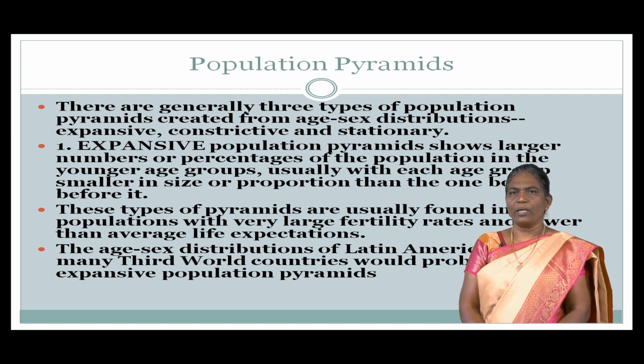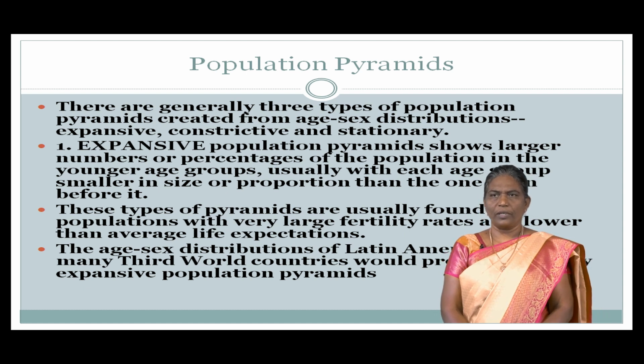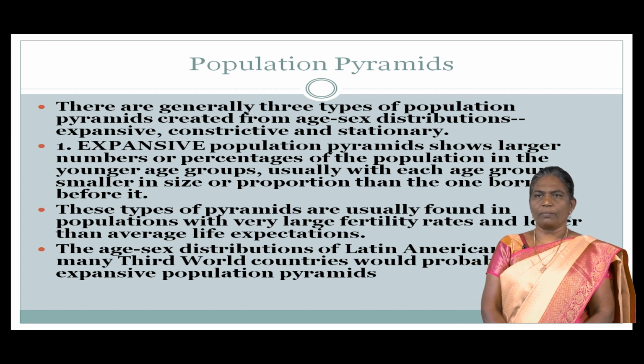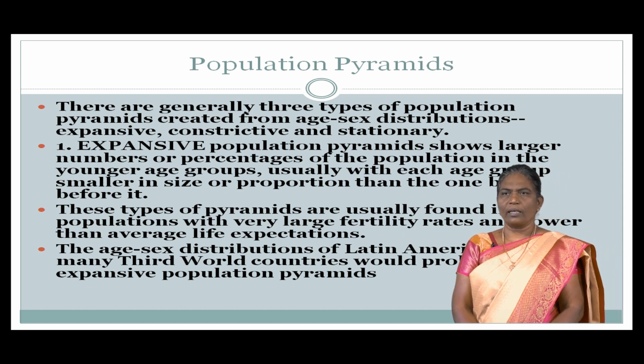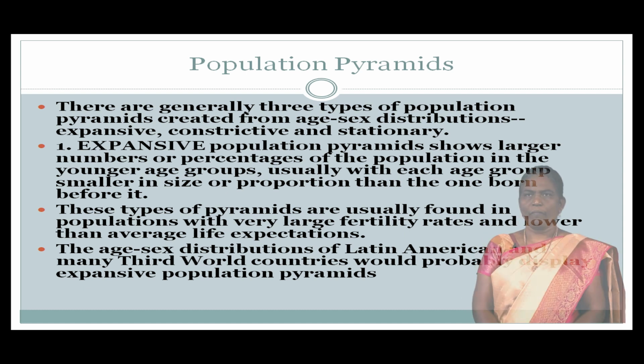These types of pyramids are usually found in populations with very large fertility rates and lower than average life expectancy. The age-sex distributions of Latin American and many third world countries would probably display expansive population pyramids.